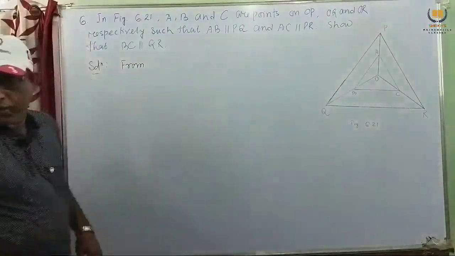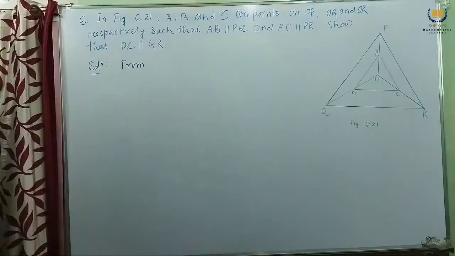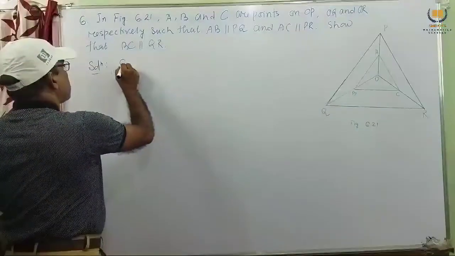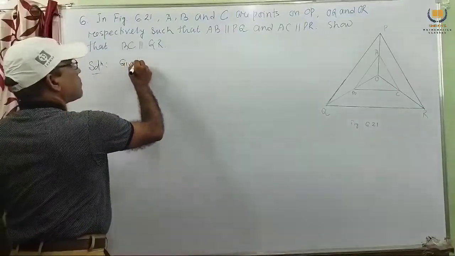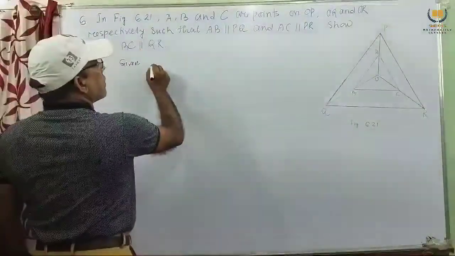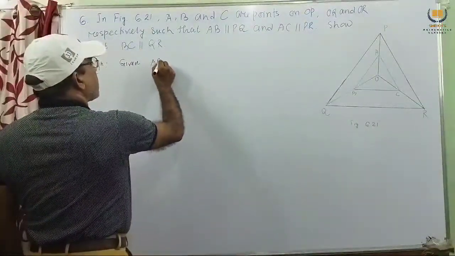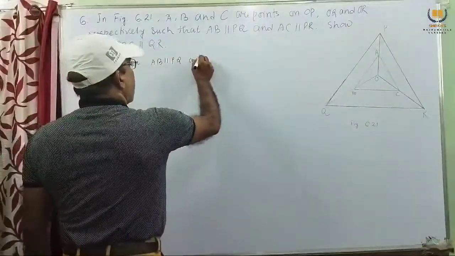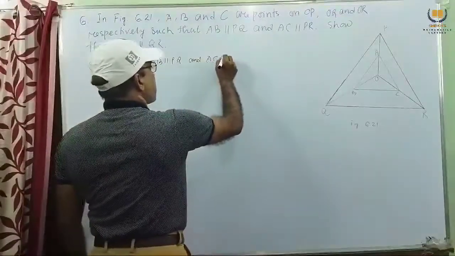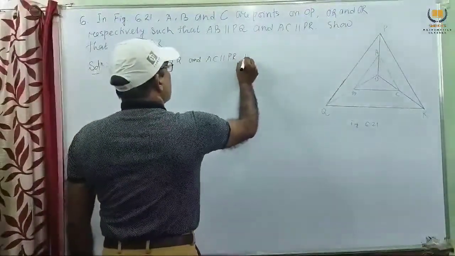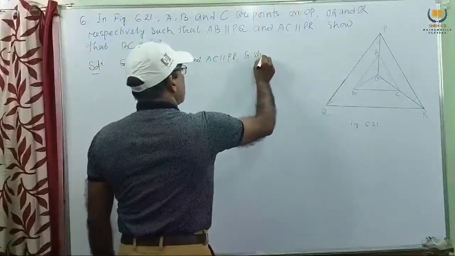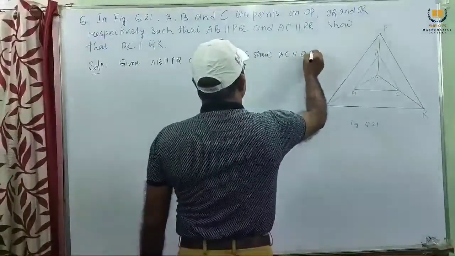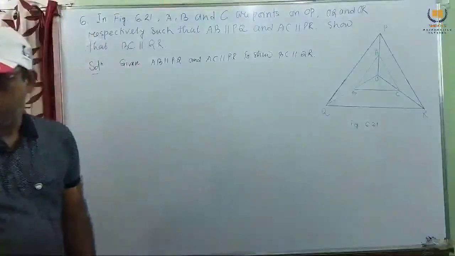So first we write given: AB parallel PQ and AC parallel PR. To show: BC parallel QR. This is what we have to show.